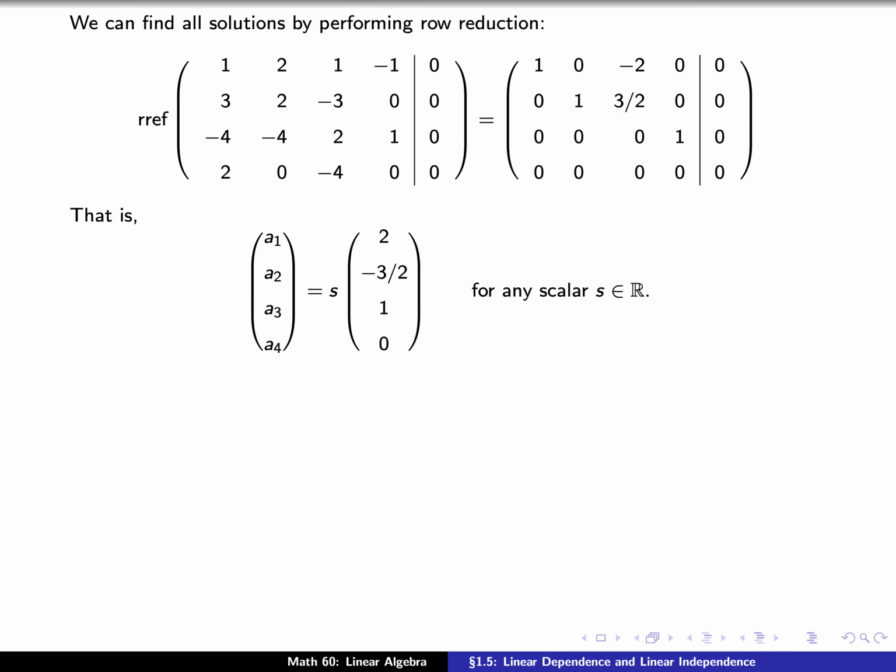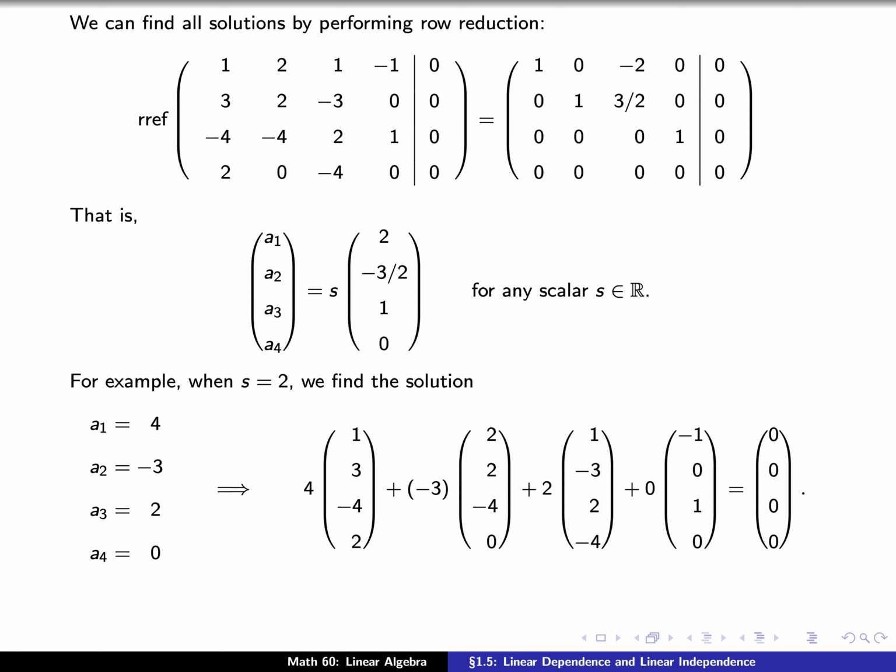We can do some work and actually find the set of all solutions. Again, later on in the course, we'll discuss the concept of row reduction to turn this into an algorithm, but for now, let's just say that by some method, we can find the solutions, and we realize that a1, a2, a3, and a4 all correspond to a scalar multiple of some vector. Here, s is any real number that you like.